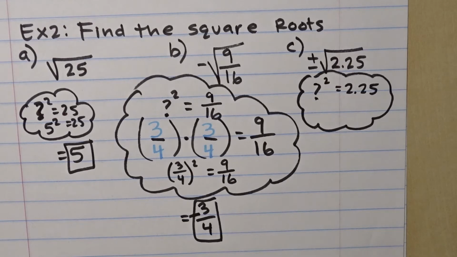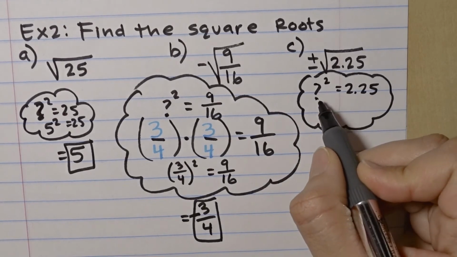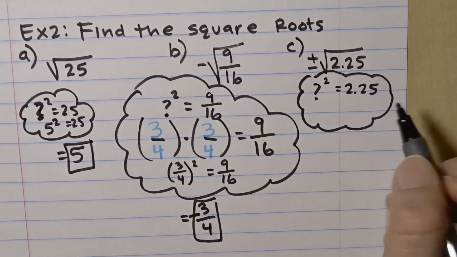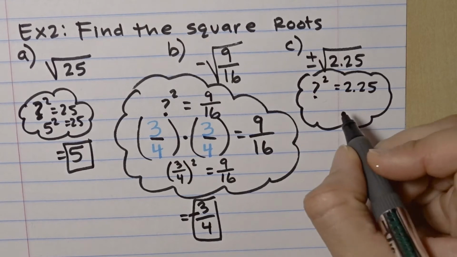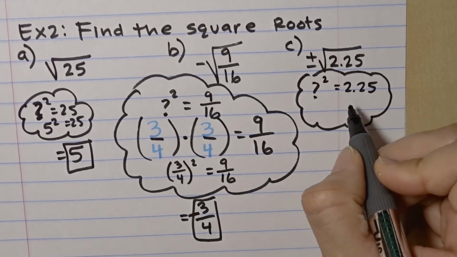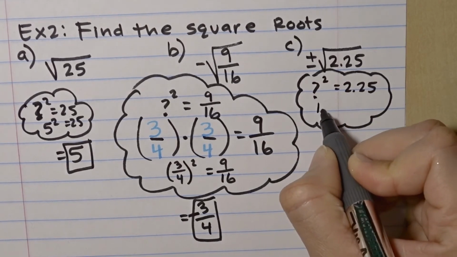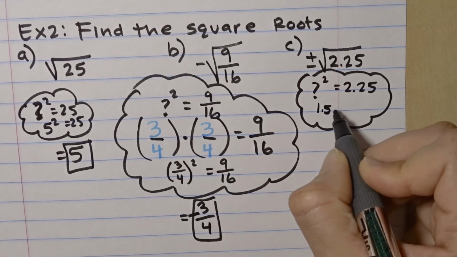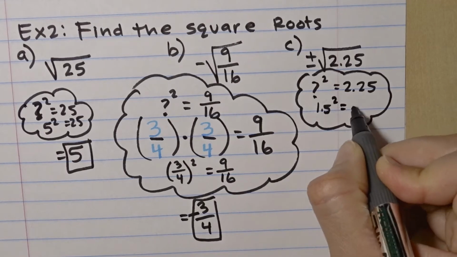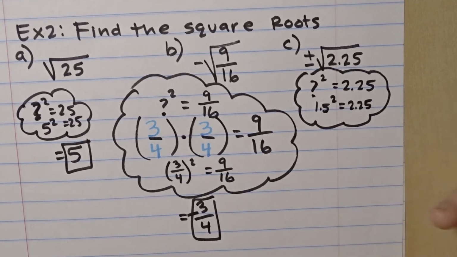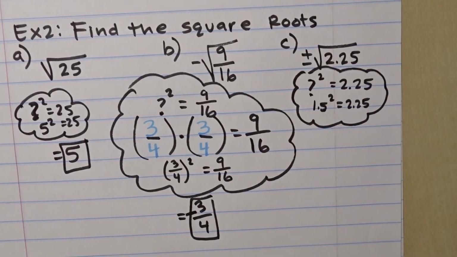If not, then you would just pick up a calculator, no big deal, and you would say, what number to the second power is, in my case, 225. I try to ignore the decimal, and I know it's 15, so therefore I'm going to conclude 1.5. Since it's got a decimal, I'm going to put a decimal in my 15, equals 2.25. So 1.5 times 1.5 is equal to 2.25.